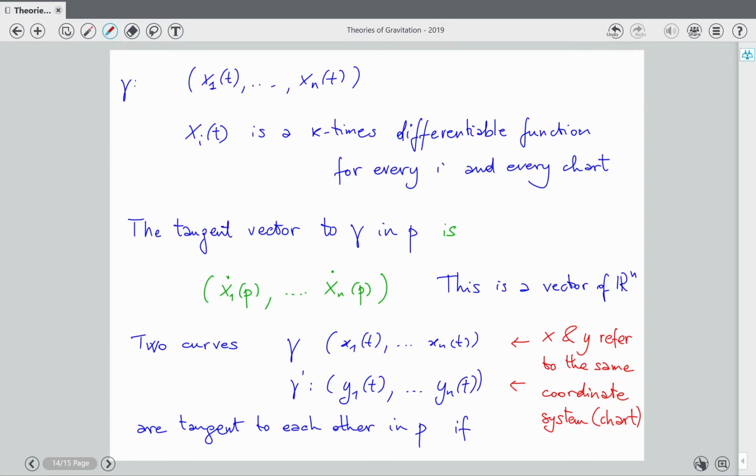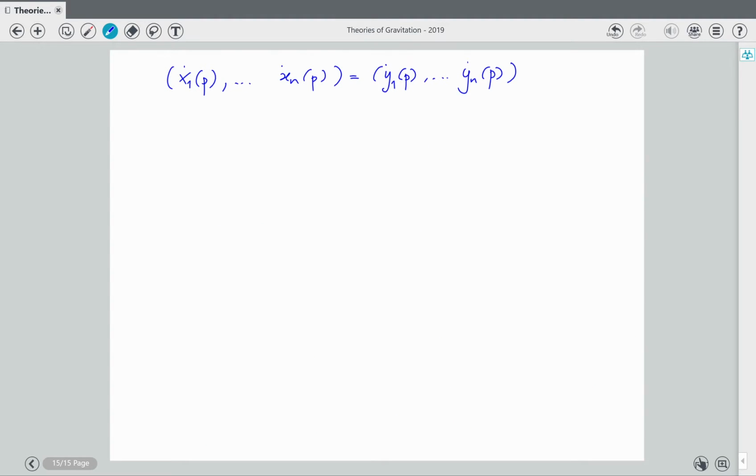As you can imagine, what does that mean? It means that you will have your set, how did we draw it earlier, like this. So you have a curve gamma and a curve gamma prime.